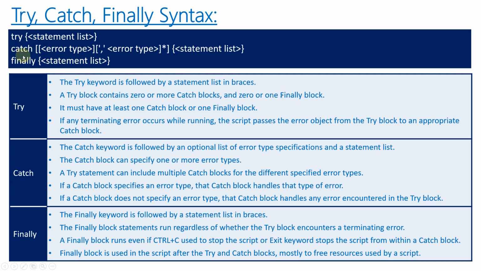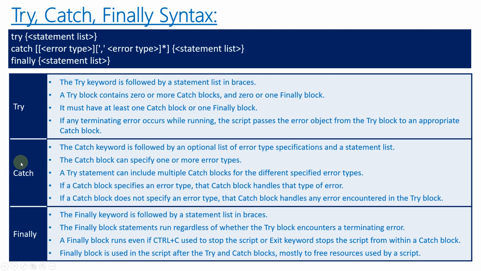We can also write only a catch block or only a finally block. But when we write a try block, at least one catch block or one finally block must come with it. During execution, if any error or exception occurs in the try block, the error object will be passed to the appropriate catch block.